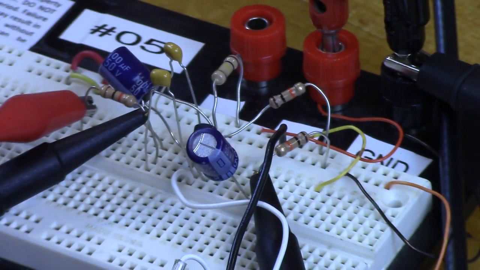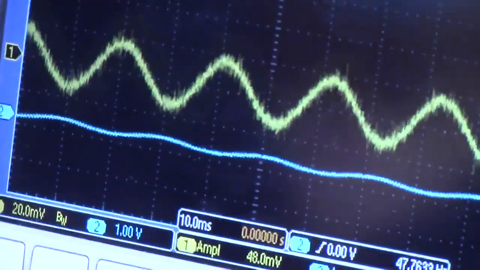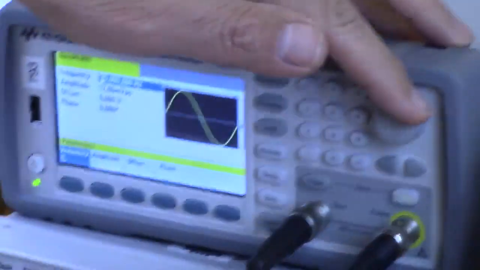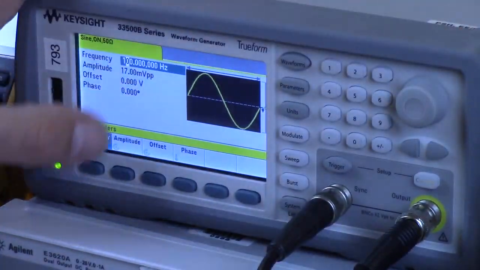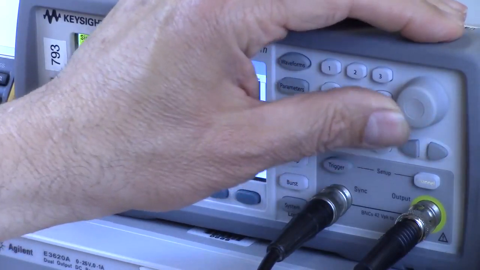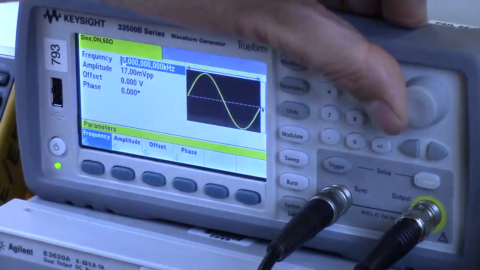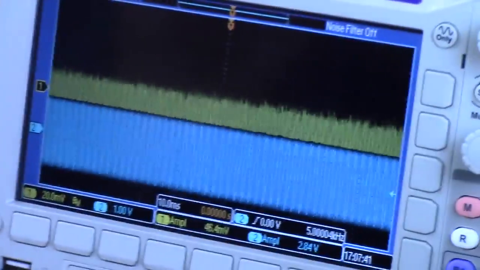So all that's really left now is CE. Let's go back to 5 kilohertz frequency. Okay.